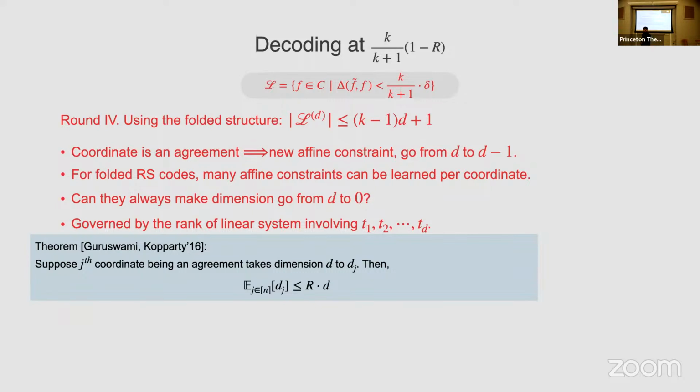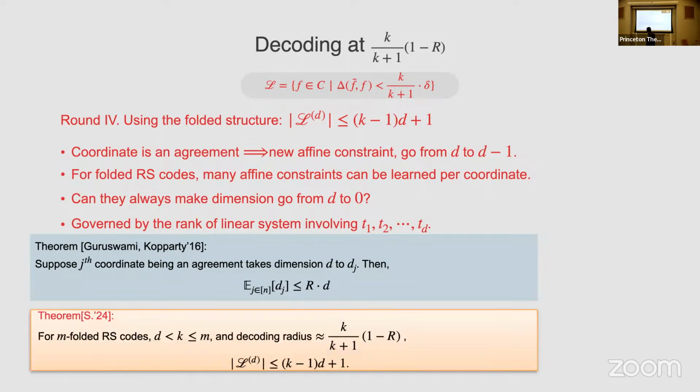Okay. So the smaller d_j is, the better list sizes we can get, because d_j is the new dimension we get when fixing a coordinate. And with this, we can essentially prove the statement that we are after.